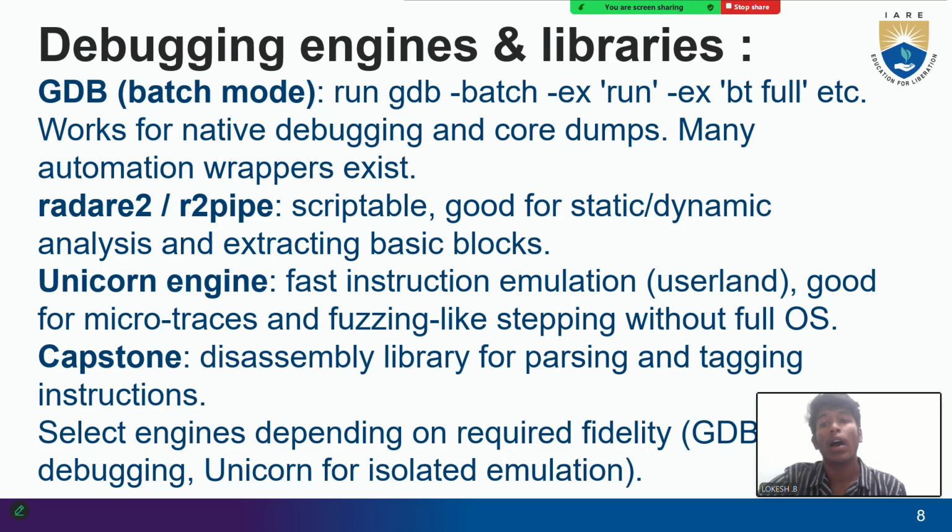Next, Radare2 or r2pipe: scriptable, good for static or dynamic analysis and extracting basic blocks. Unicorn engine: fast user-land instruction emulation, good for micro-tests and fuzzing, like stepping without a full OS. Capstone: a disassembly library for parsing and tagging instructions. Select engines depending on the required fidelity: GDB batch mode for debugging, Unicorn for isolated emulation.